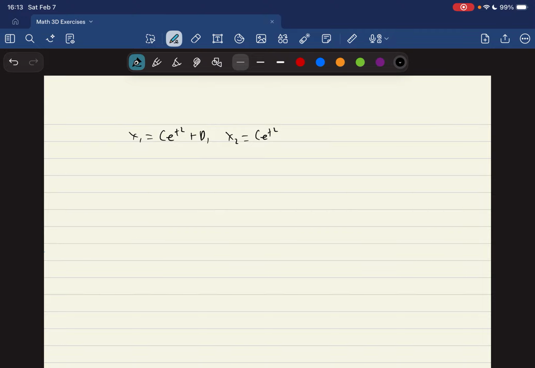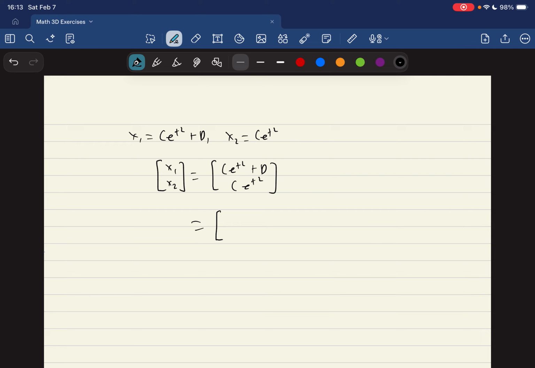We can write this using matrix notation by just taking our column vector for x1 and x2 and plugging in the things that we found and simplifying wherever we can. Oh, not a division sign. We're not dividing here. So here we can clean this up a bit if we wish.